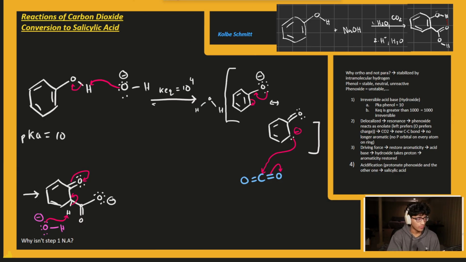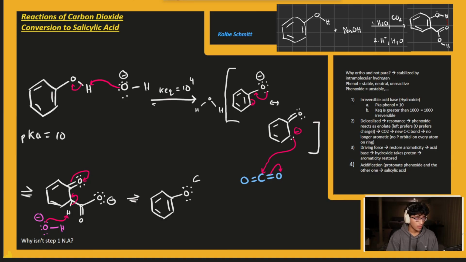So we could put backwards arrows like this, but this step is definitely gonna go forwards. I still don't know to this day whether to put a single arrow or double arrow. But the reaction is definitely gonna go forwards because the driving force is the restoration of aromaticity. So now aromaticity is restored.